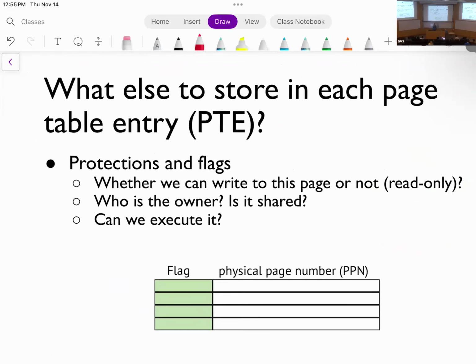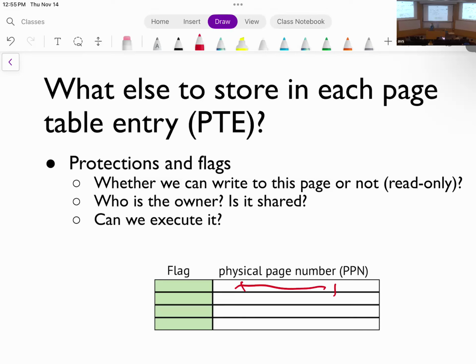So what do we store in each page table entry, or PTE? As I told you, the main thing that we store in each page table entry is the PPN, the physical page number. For example, if you have 2 to the power of 16 different addresses in physical memory, you need 16 bits to store here. In addition to that, each page table entry typically also has metadata. Okay? This metadata is various different flags that we store.